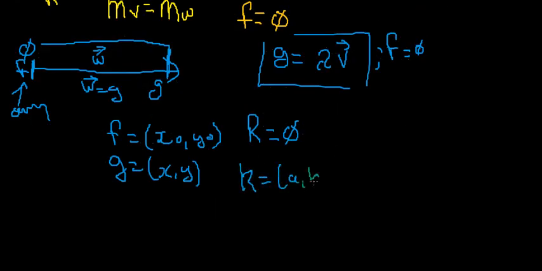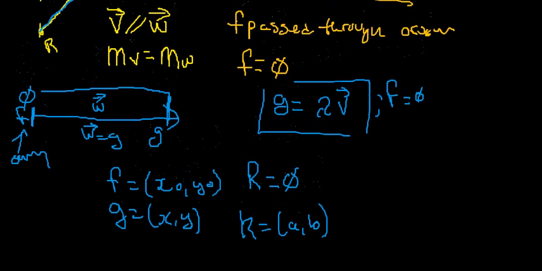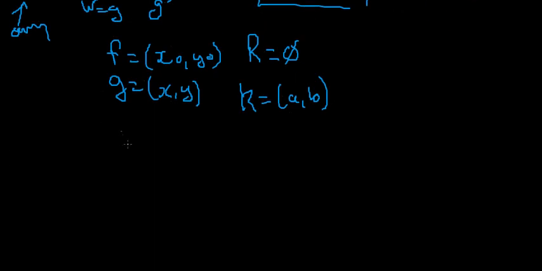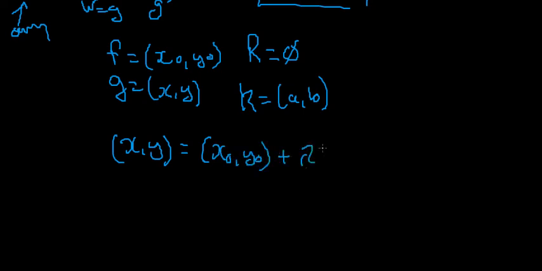So can we derive a formula that links all of these together in the same fashion that we did up here? Well, yes we can, because g is equal to x comma y, and f is equal to x naught comma y naught plus lambda, because we didn't have any points for lambda, that was a scalar multiple that didn't have any points, plus v.